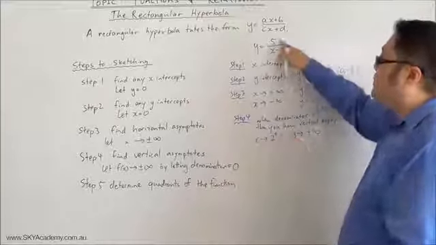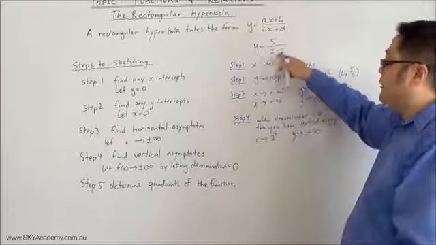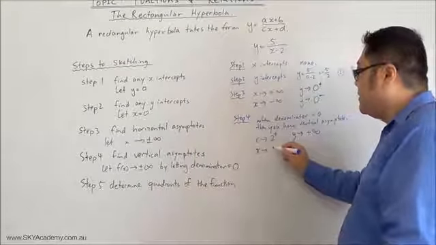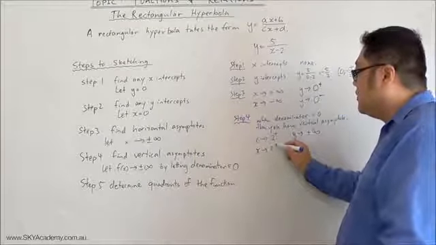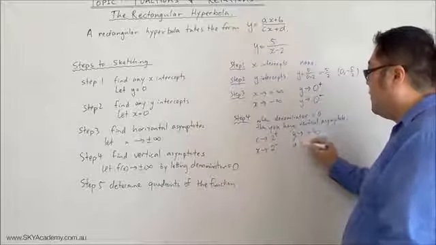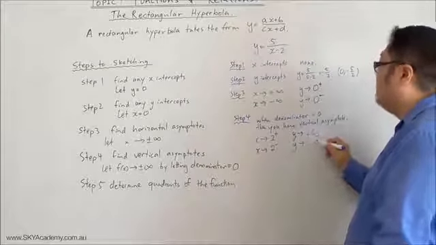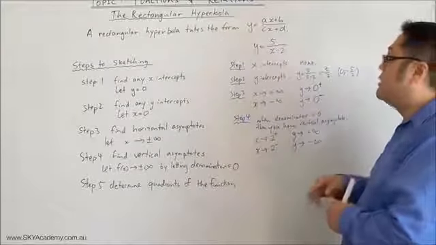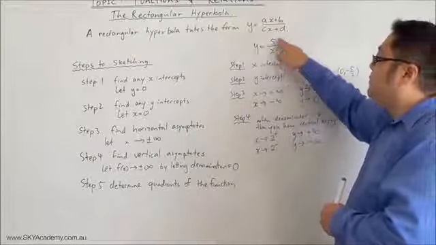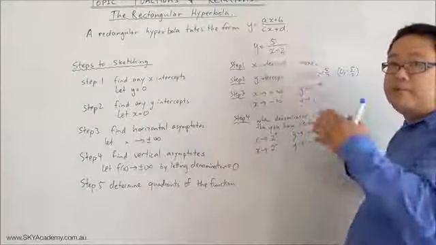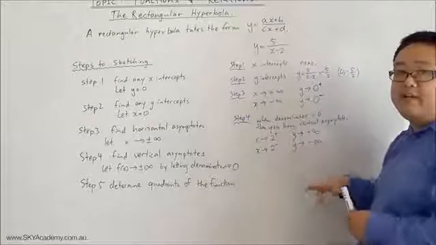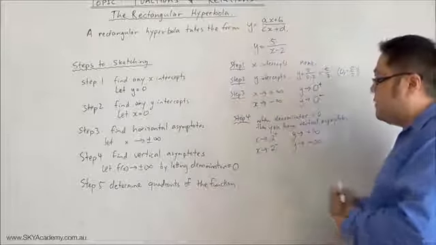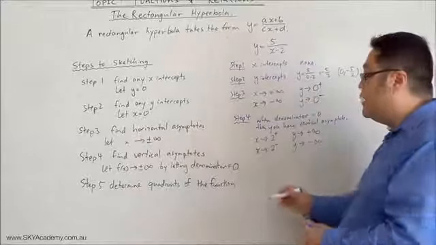When x approaches 2 from below, it's a positive number over a negative number approaching 0, so y approaches negative infinity.